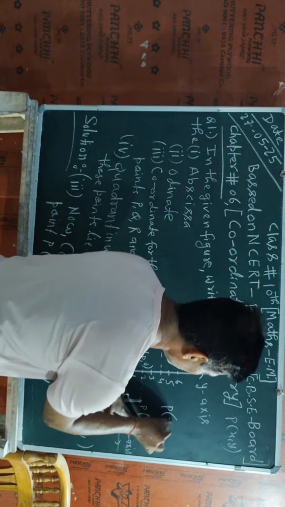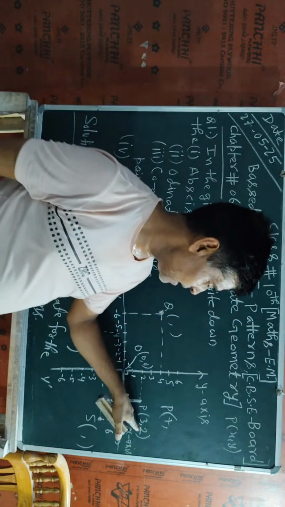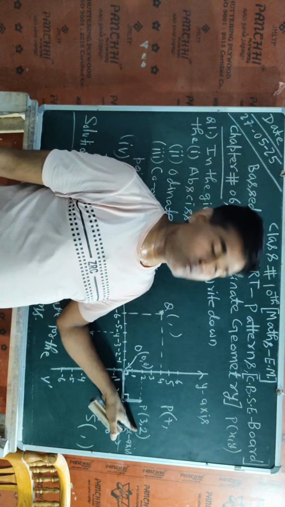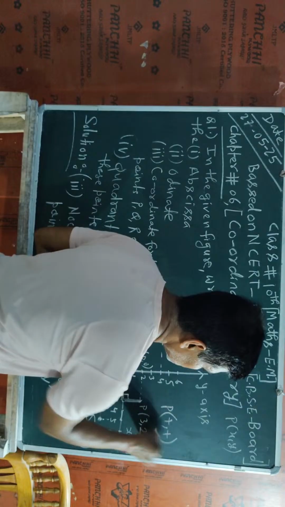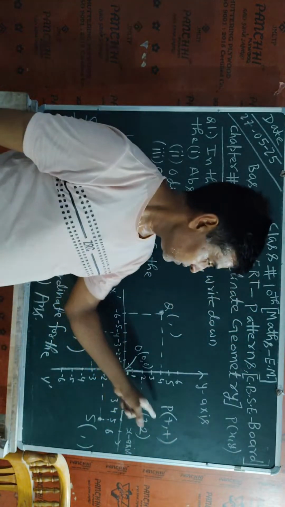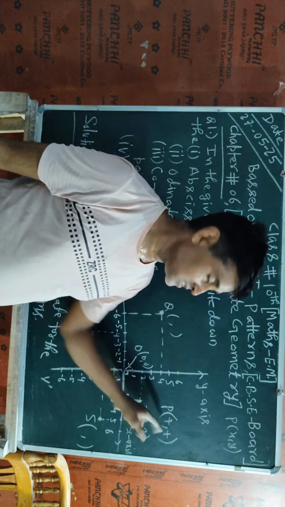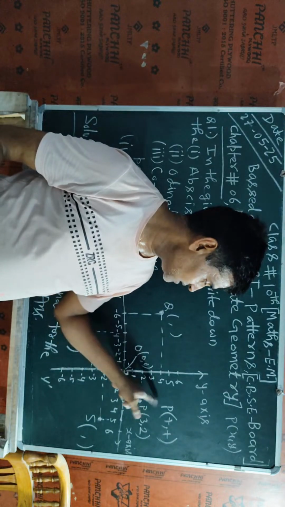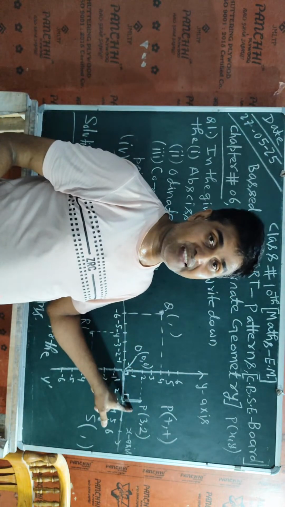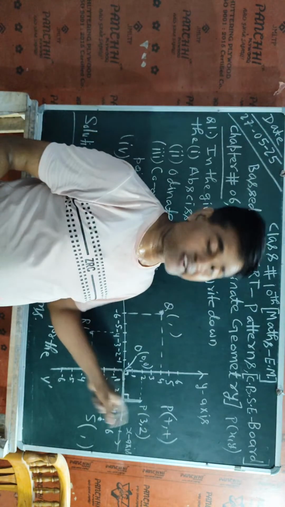So here I will put a plus sign. Now the comma is available, I put a comma there. Now here 2 is available, this 2 has a plus sign, so I will put a plus sign here. So I have got the sign information from the given point: plus, plus. It means that this is the information of the first quadrant. So I will say the point P is lying in the first quadrant.